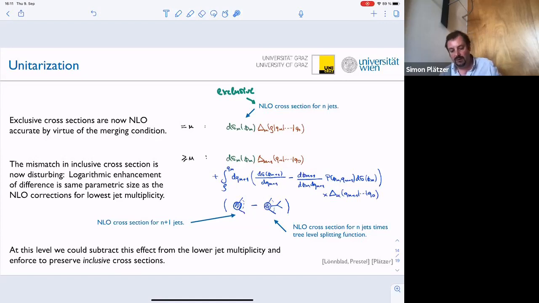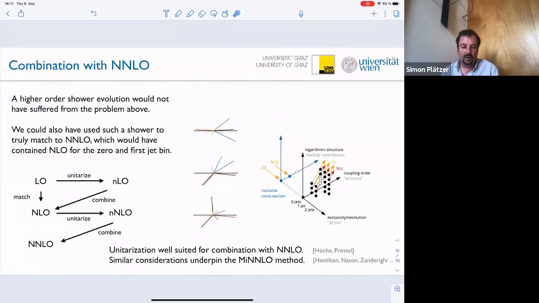And you can convince yourself, if you look into the details, that that change is not worrying. But I actually demand that I preserve inclusive cross-sections, or at least inclusive cross-sections in a region where there's a logarithmic enhancement. So I guess in the first attempts at unitarization, if you really strictly subtract everything of that kind, you could be getting quite some unphysical cross-sections at low merging scales.